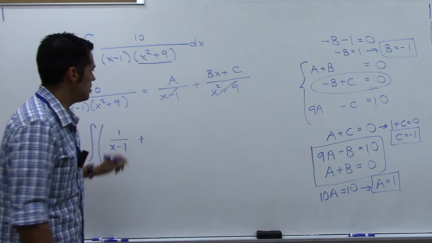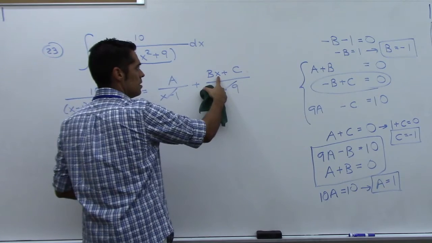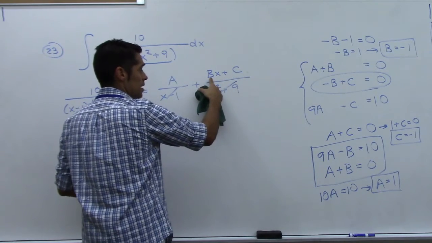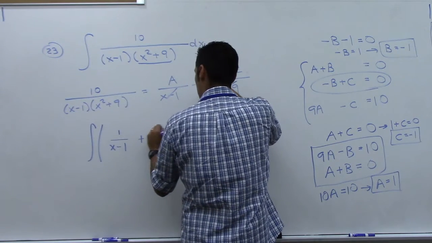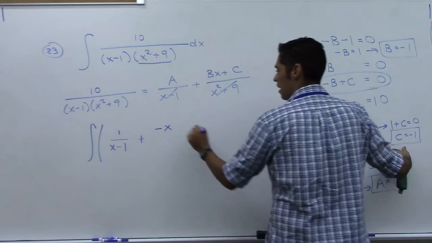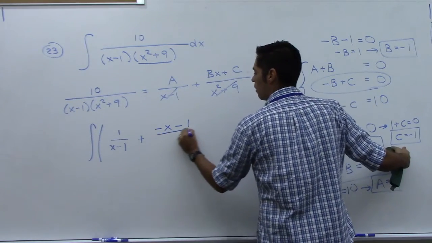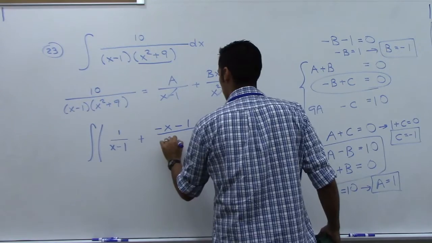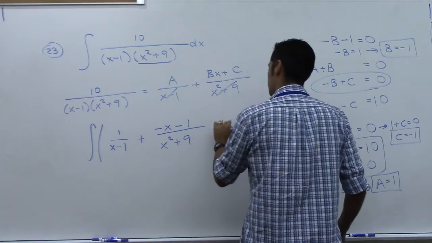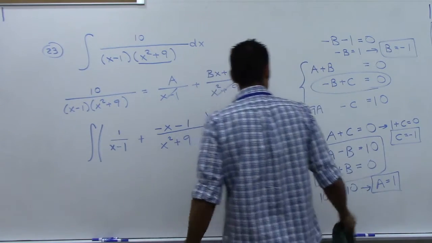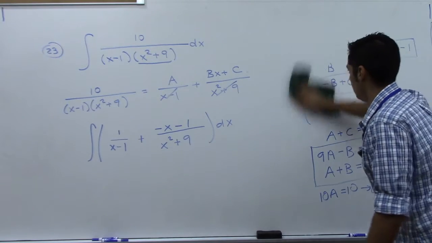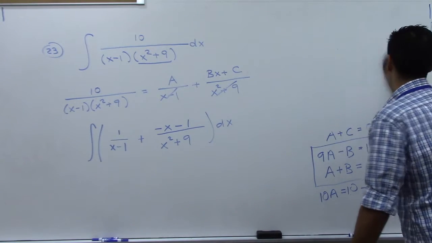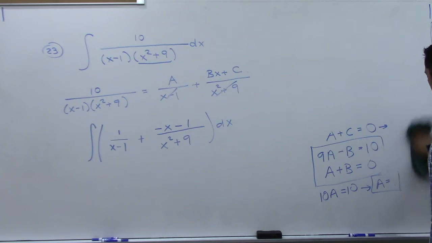And then plus bx plus c. So b is negative 1, so negative x plus c, c is negative 1, over x squared plus 9 dx. All right. Now, as bad as that might look, it's doable.